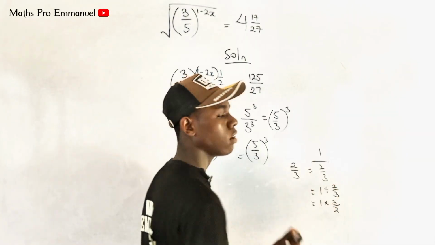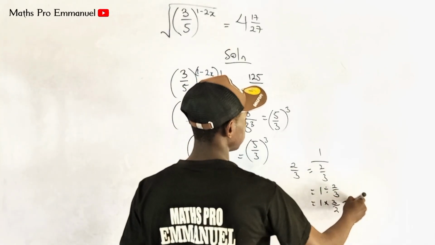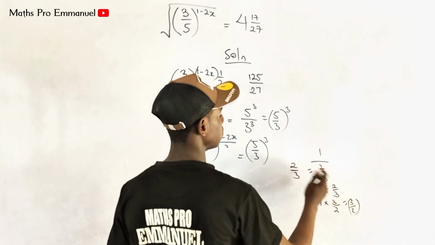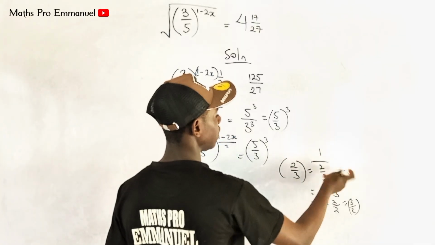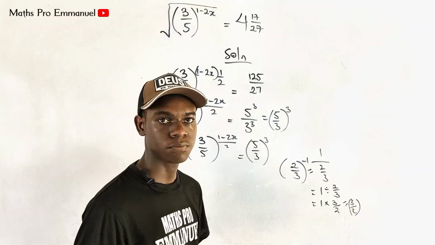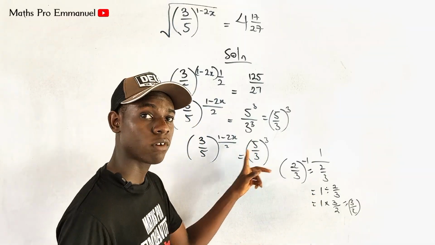In mathematics, to convert from division sign to multiplication sign, you just swap it, then I'll have 3 over 2. So for me to make 2 over 3 to be 3 over 2, it's just for me to do 1 divided by all these, which is the same thing as the fraction raised to the power of minus 1.